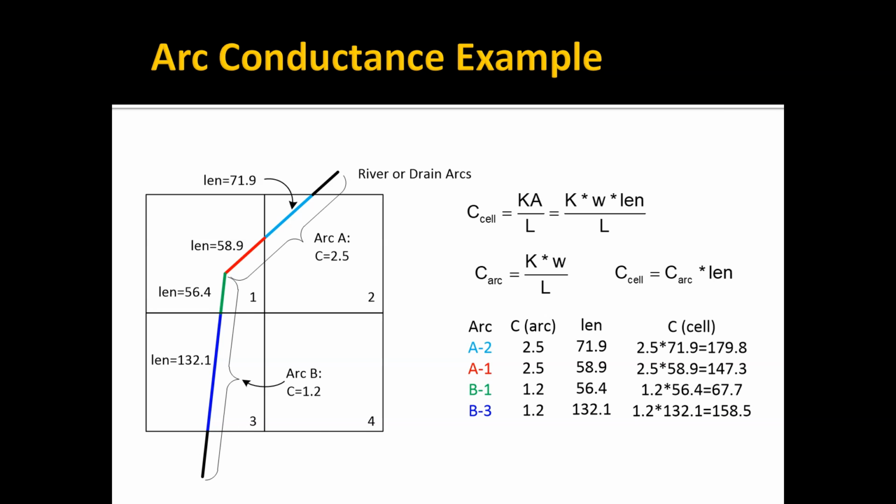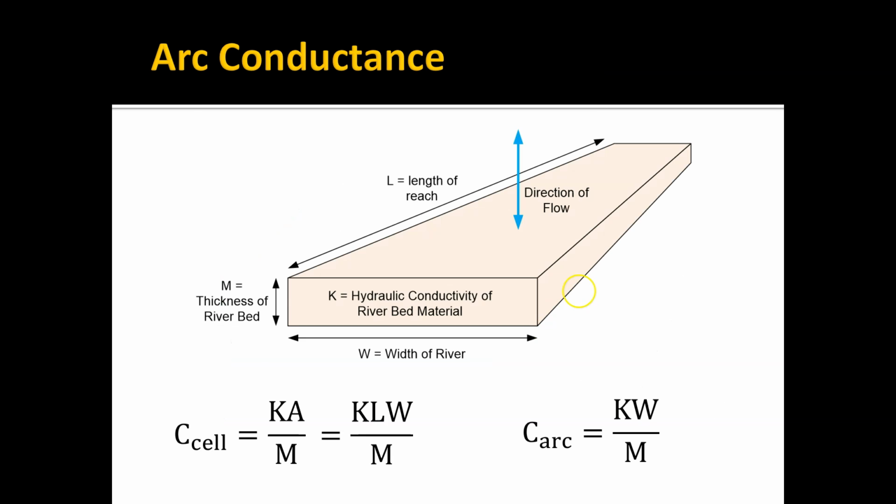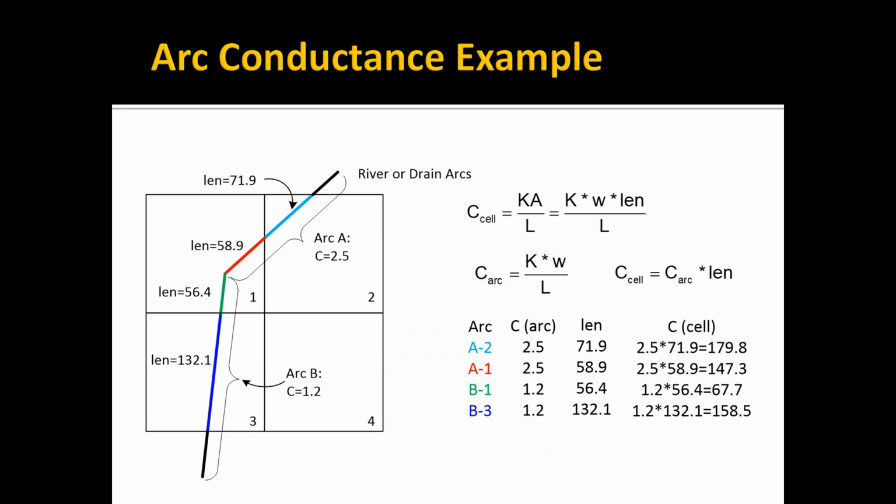As I talked about before, you're just estimating the hydraulic conductivity, so don't get too worried about getting the exact width of the river or the exact riverbed thickness, because these are all lumped in together. And it turns out the model is not terribly sensitive to the conductance. So if you're off a little bit, it doesn't matter that much.